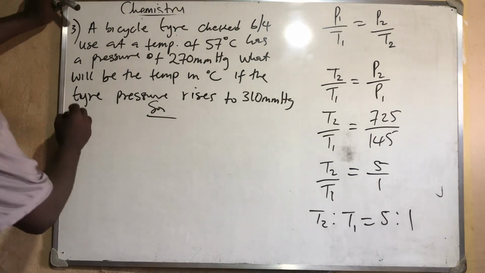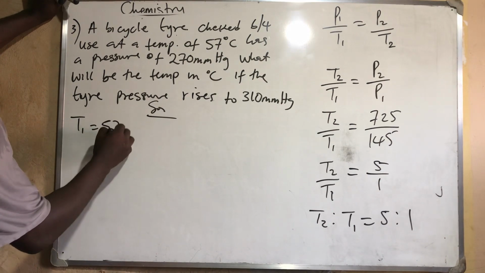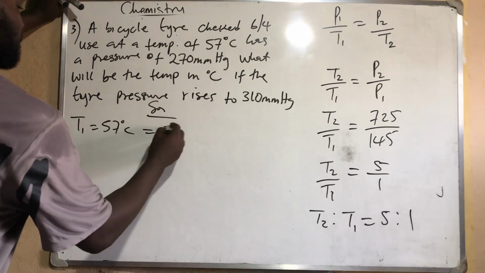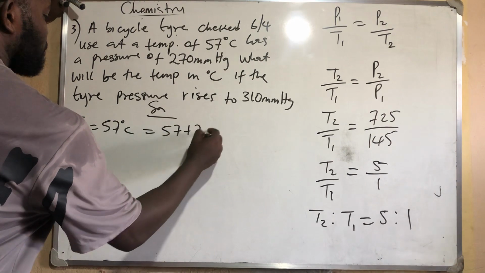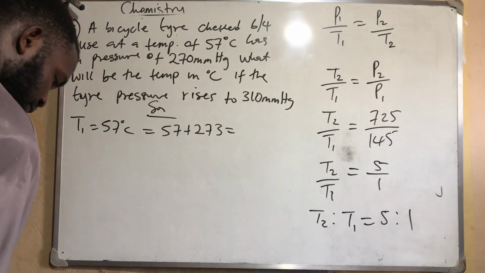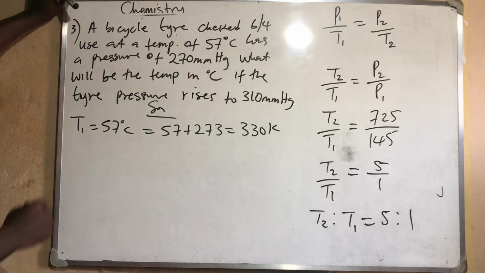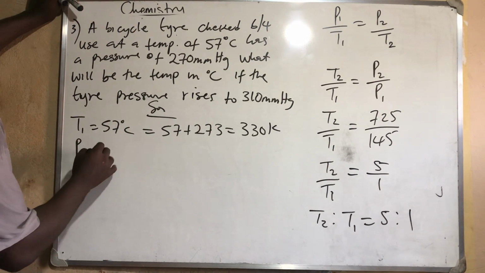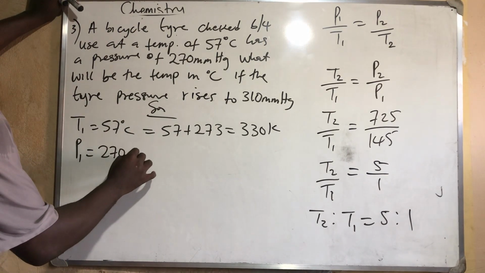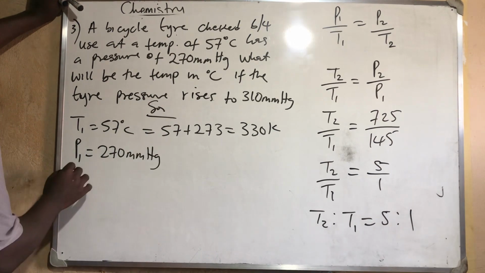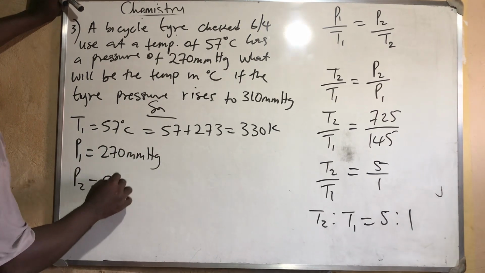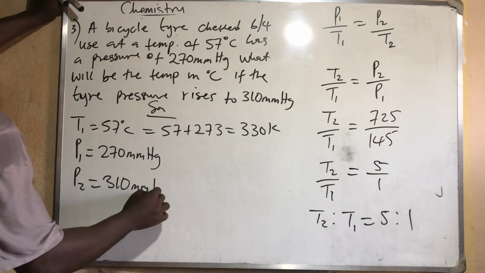All right. So the first thing they gave us, T1, is 57 degrees Celsius, which is 57 plus 273, giving you 330 Kelvin. It must be in Kelvin. The first pressure is 270 millimeter mercury, and the second pressure is 310 millimeter mercury.